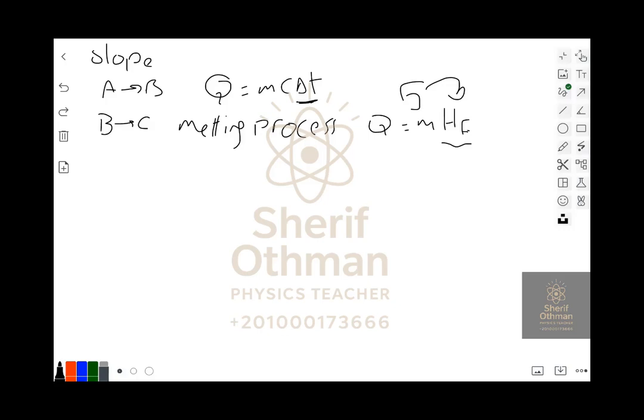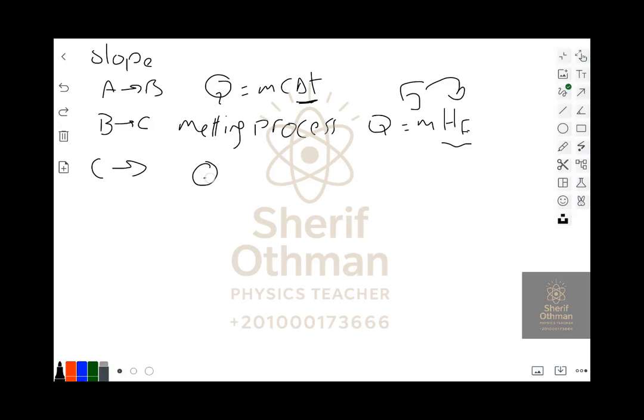By the end, the amount of heat added cannot be calculated using the change in temperature, as the change in temperature will be 0. So if you calculated it using the rule Q equals mcΔT, you will find the amount of heat added is equal to 0, which is not logical. From C to D, we have another process of increasing the temperature.